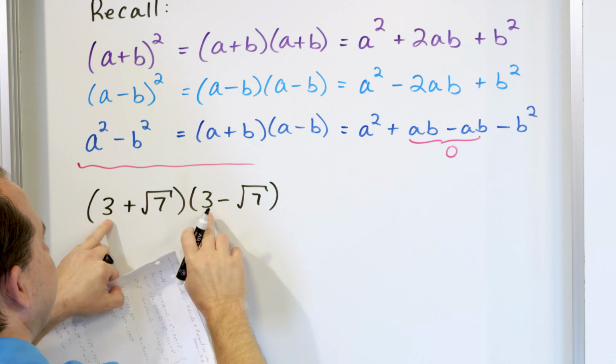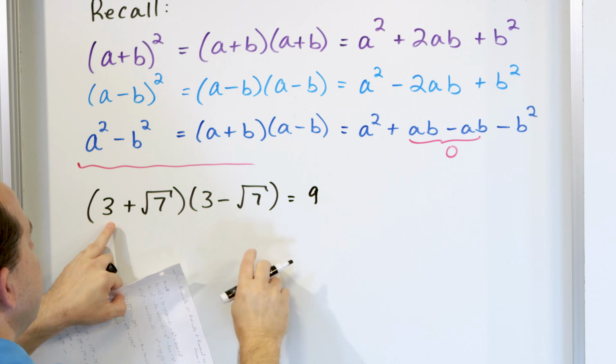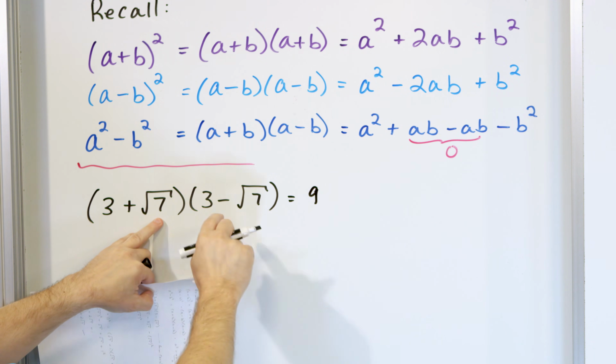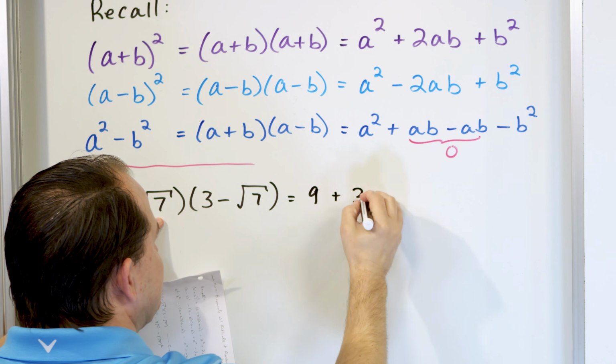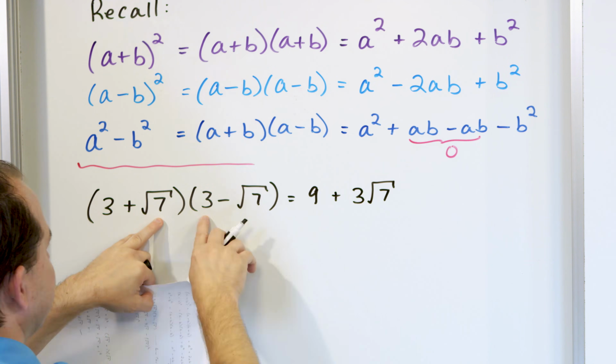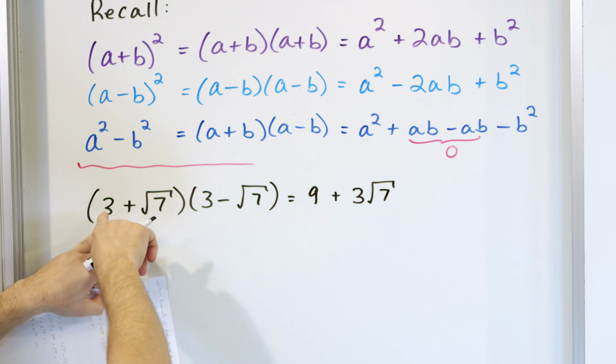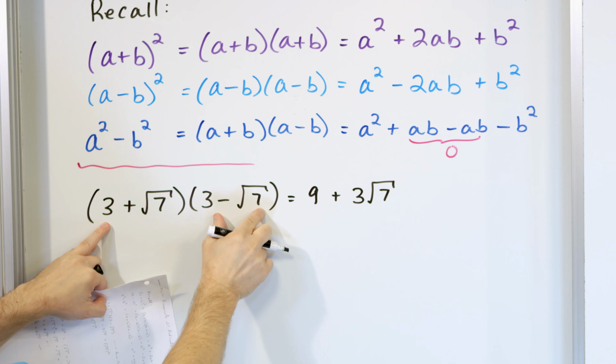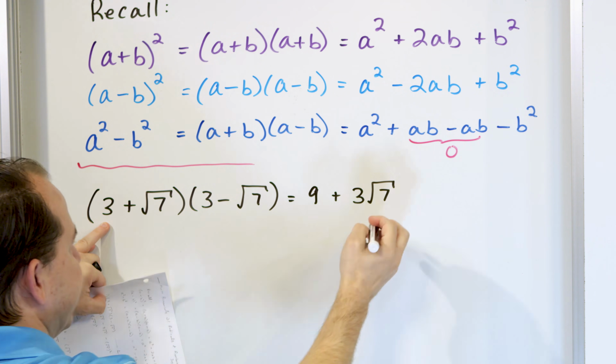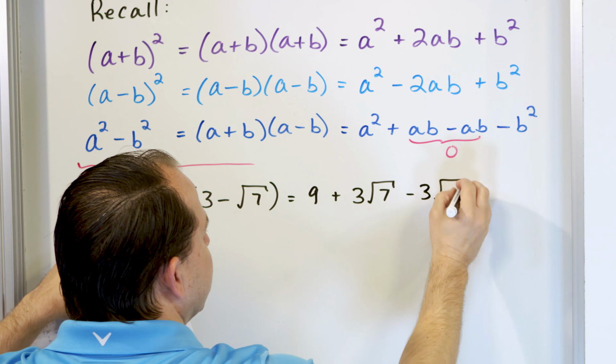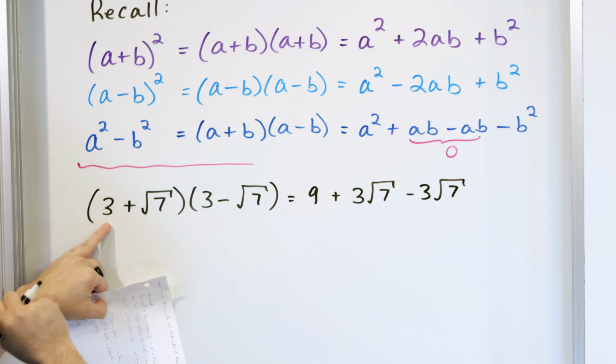First terms multiplied, 3 times 3 is going to give me 9. The inside terms, 3 times the square root of 7, is going to be literally written as 3 times the square root of 7. The outside terms will have another 3 times this negative square root of 7. So it'll be negative 3 times the square root of 7, 3 times the square root of 7 with a negative out in front.